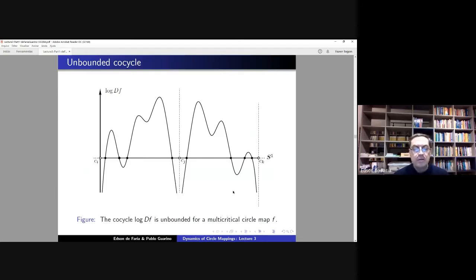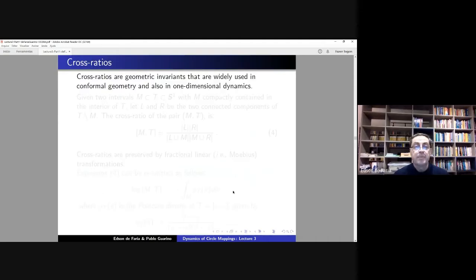But you can see here that log Df is clearly unbounded. When you're getting close to one of these critical points, the logarithm shoots down to minus infinity. Okay. So you cannot use something like the Denjoy-Koksma inequality or bounded variation techniques like we used in the case of diffeomorphisms, like I explained in the second lecture.